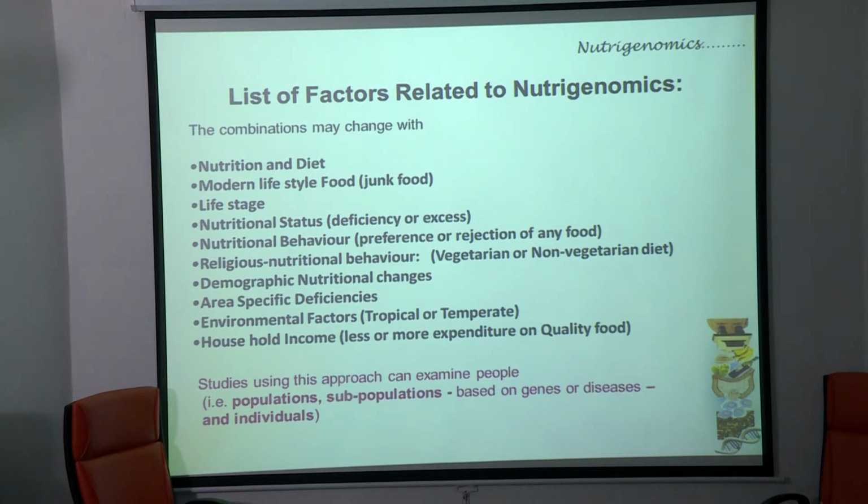There are a number of combinations which change with nutrition and diet, with the lifestyle of the individual, with the life stage of an individual, young, old, or a child stage, or the nutritional status, whether he or she is eating in excess or is suffering from deficiency, nutritional behavior, a preference for something or rejection of something, then a vegetarian or non-vegetarian diet, demographic nutritional changes as per the populations, area-specific deficiencies, could be environmental as well, which particular latitude or longitude you are living in, the household income, whether you have the capacity to spend more or not.